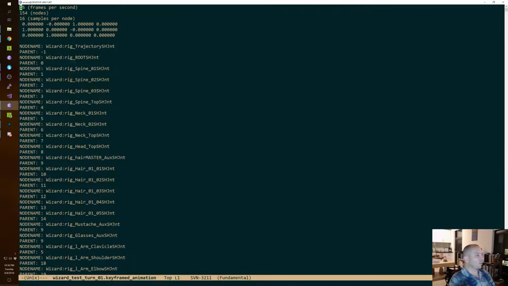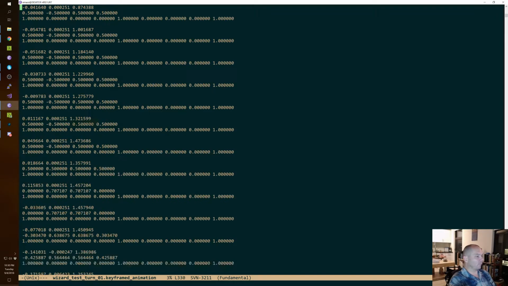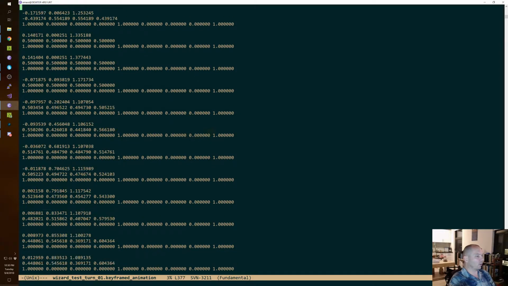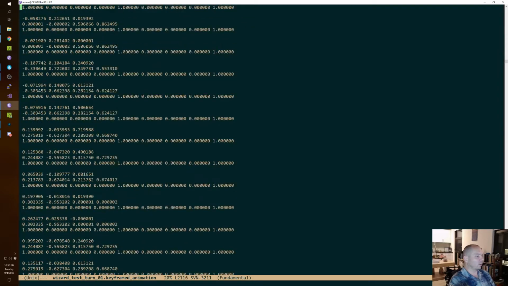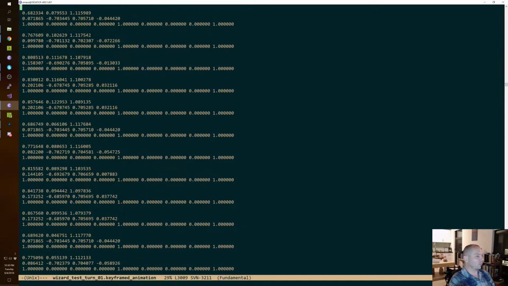Okay, this is the animation file that we load, and it's a text format, which helps sometimes. Yeah, dude, I'm saving 3 by 3, and it's just always 1 right now.